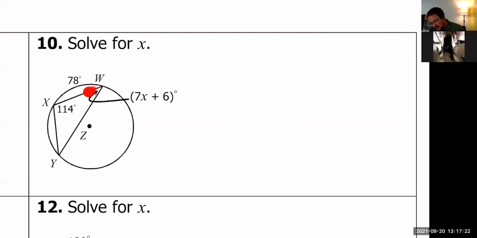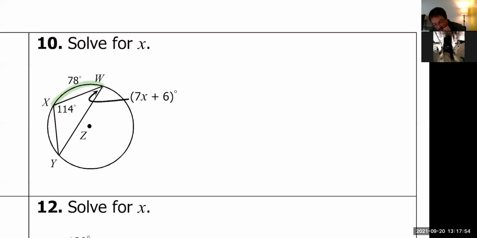So the total should be 180. And here's the good news. I have an angle here of 114. I have the expression holding on to that variable we're looking for in the second angle, but unfortunately, I don't have the measure for angle Y until I take a step back and realize that angle XYW is an inscribed angle and it is intercepting arc XW.